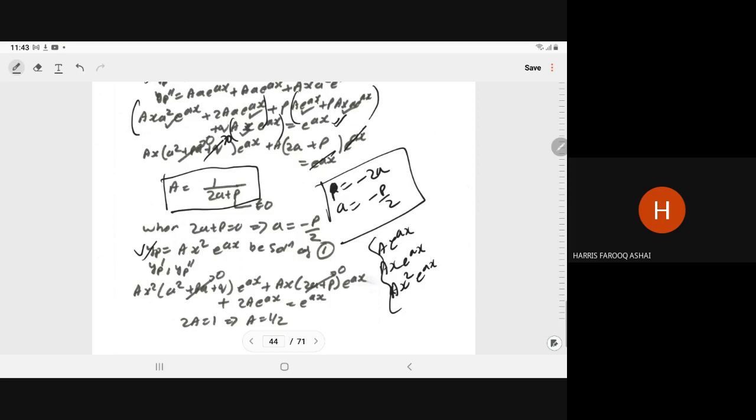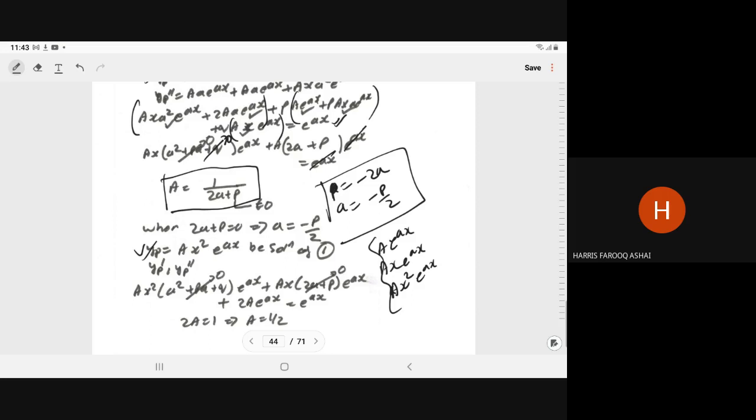So here yp is equal to A into x square e to power ax be the solution. From here we compute yp dash and yp double dash. After substitution in the given equation, y double dash plus py dash plus qy is equal to e to power ax, we collect the like terms or coefficients of x square, x, and the term independent of x.